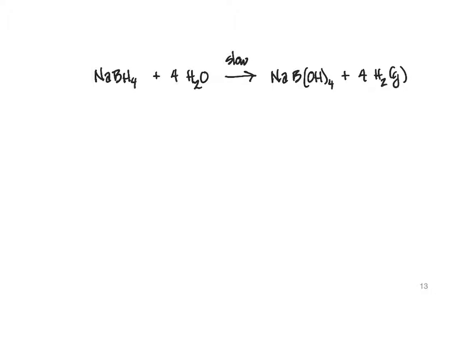Same thing would happen if you use sodium borohydride in an alcohol. So if I were doing my reaction in methanol, again, you'd get this relatively slow fizzing. The sodium borohydride would react. You'd end up forming a borate. This is a slightly different borate.